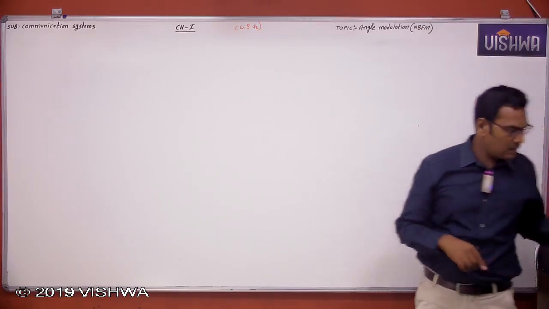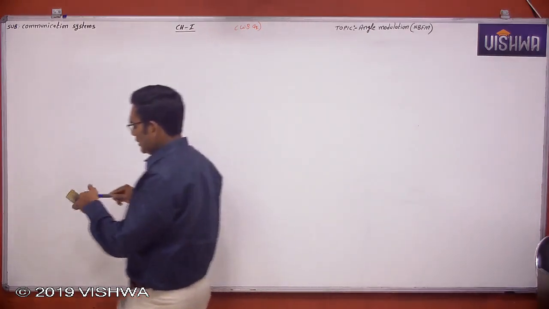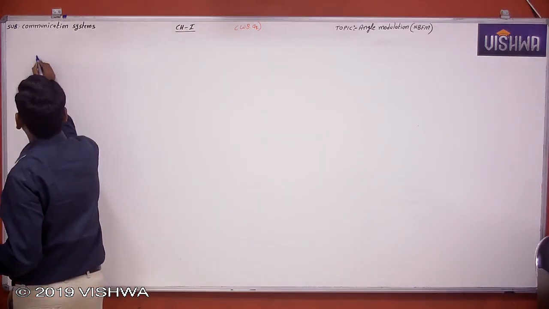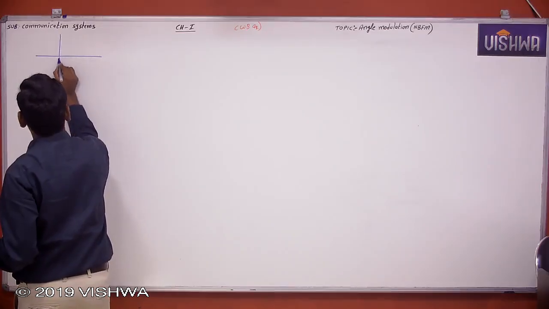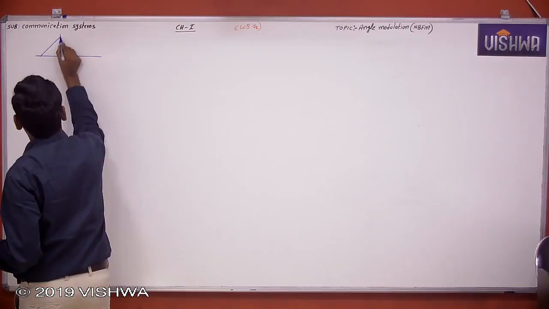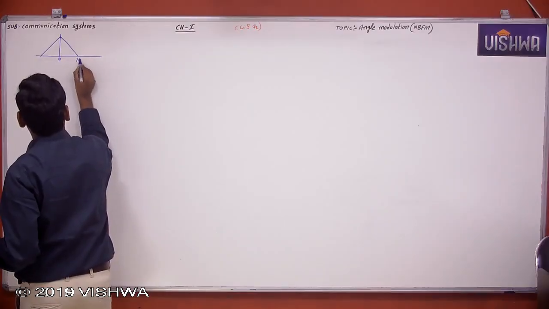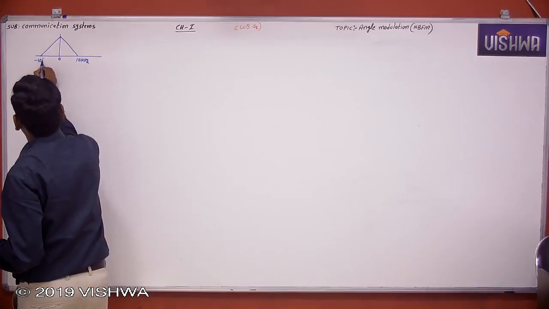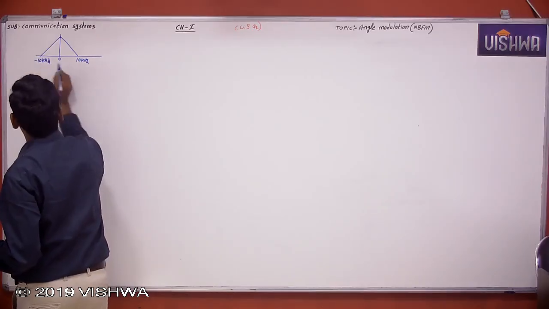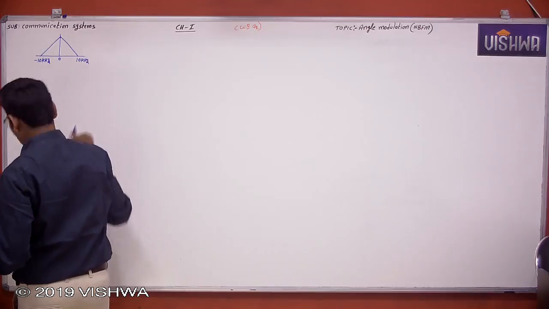First we'll see: a message signal band limited to 10 kHz. No diagram, nothing. For easy understanding, I am writing like this. A message signal band limited to 10 kHz means a signal which has a bandwidth of 10 kHz, or the highest frequency present in this signal is 10 kHz.